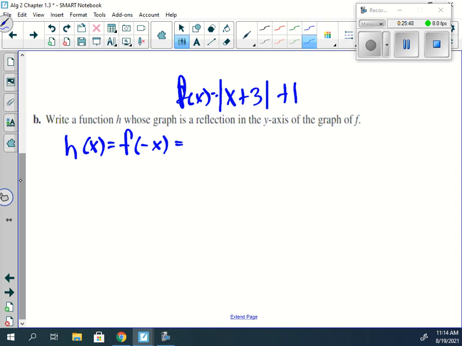Which means, since I don't have f of x anymore, I have to change every x in the function from x to negative x. So inside the absolute value bars, we would have negative x in parentheses, plus 3, plus 1.